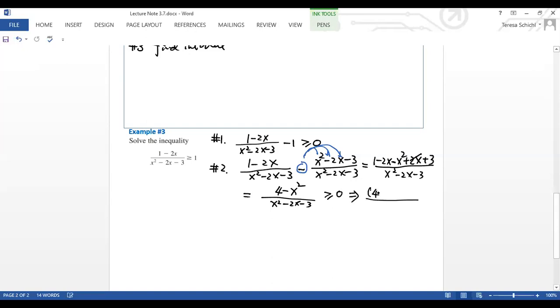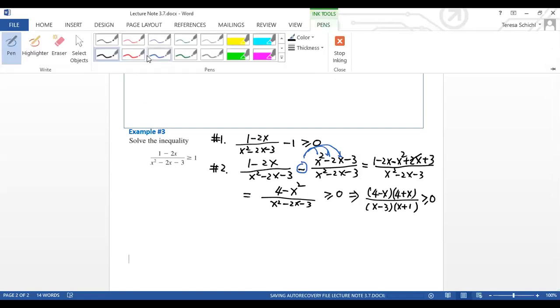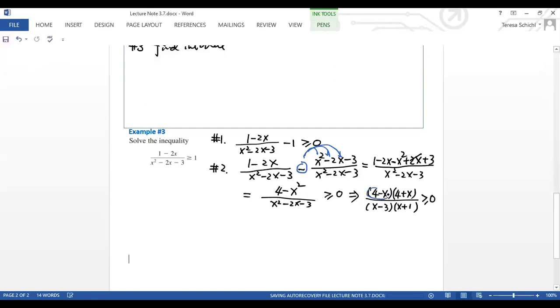So this one will be 4 minus x times 4 plus x, over x minus 3 times x plus 1, greater than or equal to 0. Now I need to set each term equal to 0. So this one equal to 0, what is x? x equals 4. What is this one? Negative 4. This equal to 0, what is x? x equals 3. How about this one? x equals what?